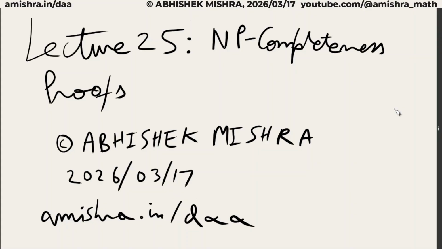So the only problem that we have proved till now is satisfiability. Today we'll see reductions from satisfiability to 3 other languages.